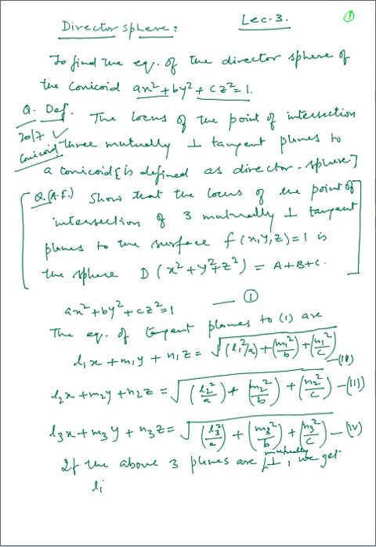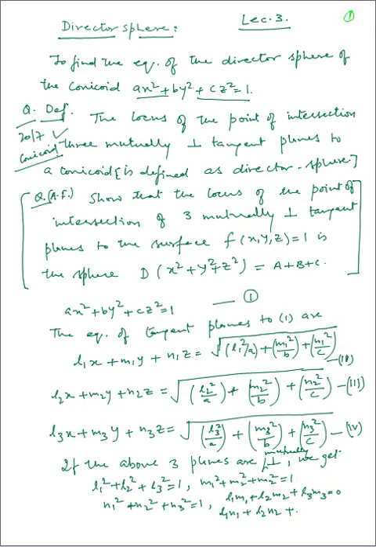We can write l1 square plus l2 square plus l3 square is equal to 1, m1 square plus m2 square plus m3 square is equal to 1, n1 square plus n2 square plus n3 square is equal to 1, and similarly l1 m1 plus l2 m2 plus l3 m3 is equal to 0, and l1 n1 plus l2 n2 plus l3 n3 is equal to 0, and one more will be m1 n1 plus m2 n2 plus m3 n3 will be 0.